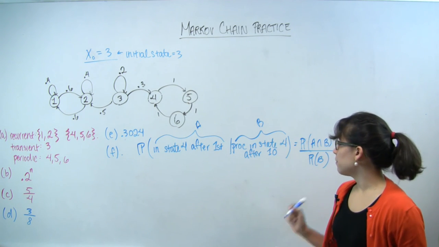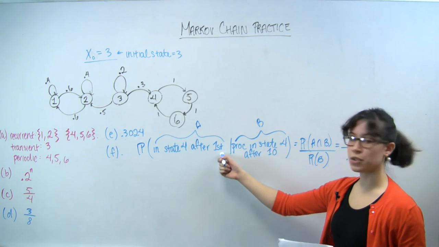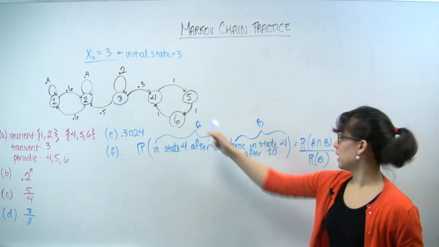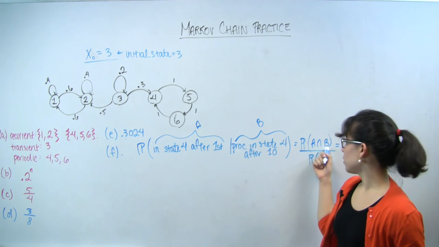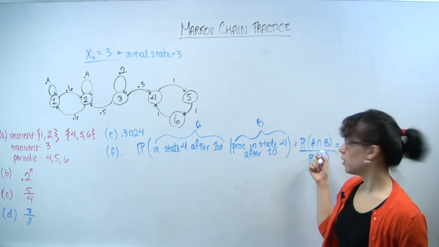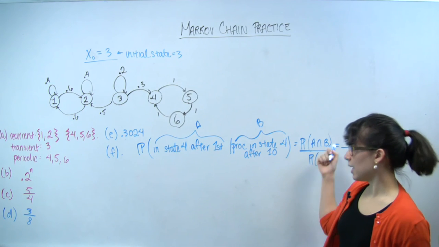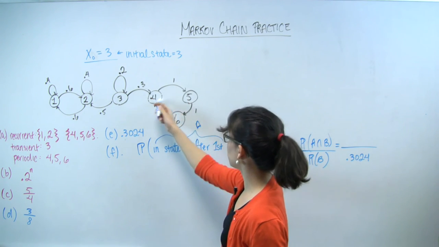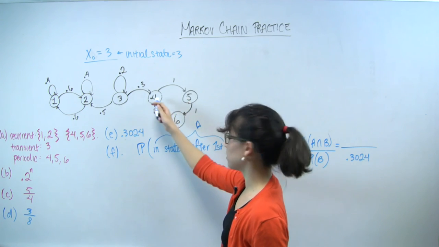But if you are in state 4 after the first trial, due to this periodicity, you will be in state 4 after the 10th trial. So essentially what I'm saying is A implies B, because if you're here on 1, then you're 2, 3, 4, 5, 6, 7, 8, 9, 10.